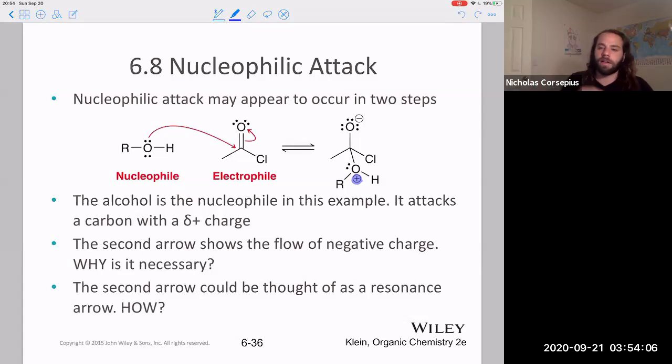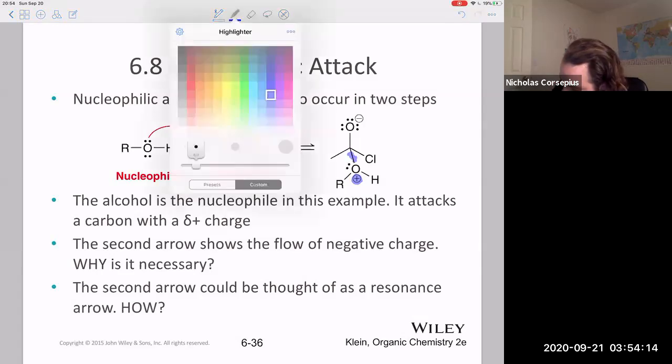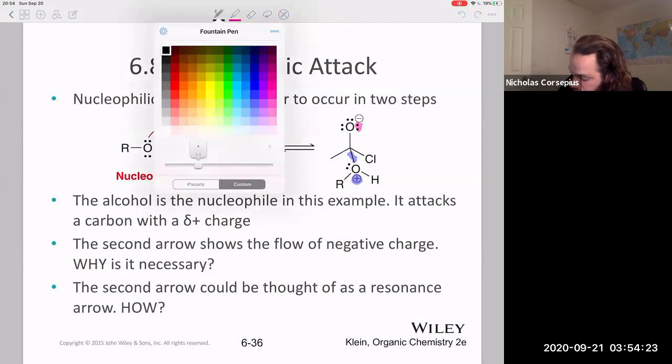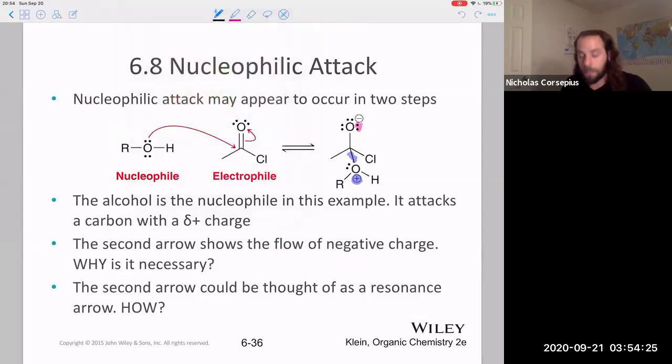And again, if I'm just looking at the products, I'm going to identify that this bond right here was the one that was formed, and this pair of electrons right here that was in that pi bond, that's what's been broken, right? So I need to have one arrow indicating bond formation and one arrow indicating bond breaking.